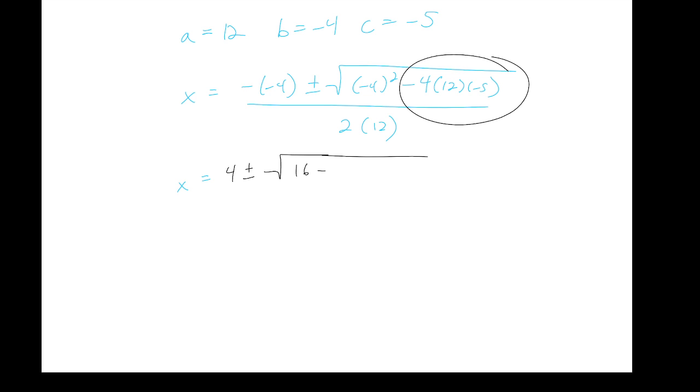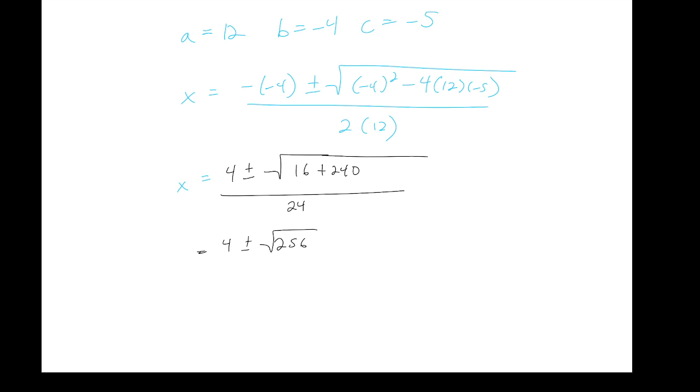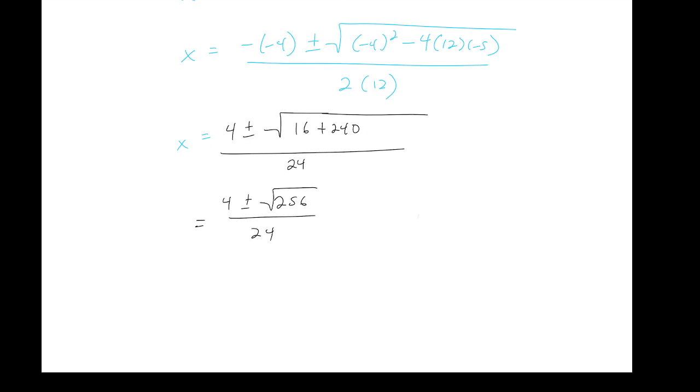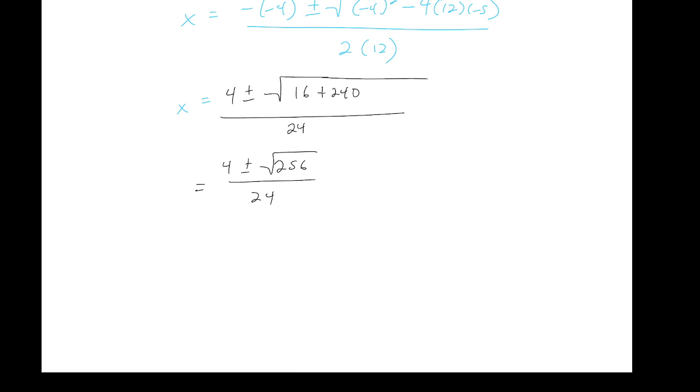Or negative 4 times negative 5, which is a positive 20, times 12 is going to be a positive 240, all over 2 times 12, which is 24, which means that I have 4 plus or minus rad 256 over 24. And for all of you guys who know these square numbers, the square root of 256 is 16.